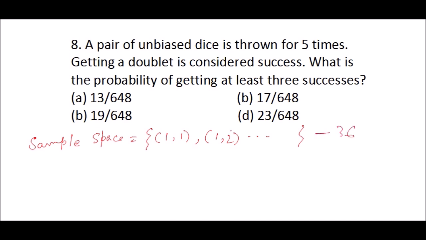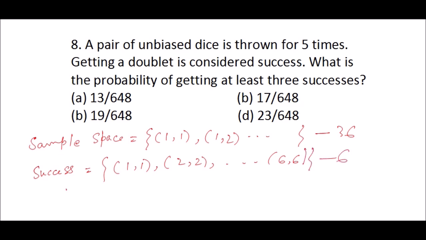And what are our favorable outcomes? That means success. Success is nothing but our favorable outcomes. Therefore, we have (1,1), (2,2), in this way up to (6,6), and therefore we get 6 entries there.